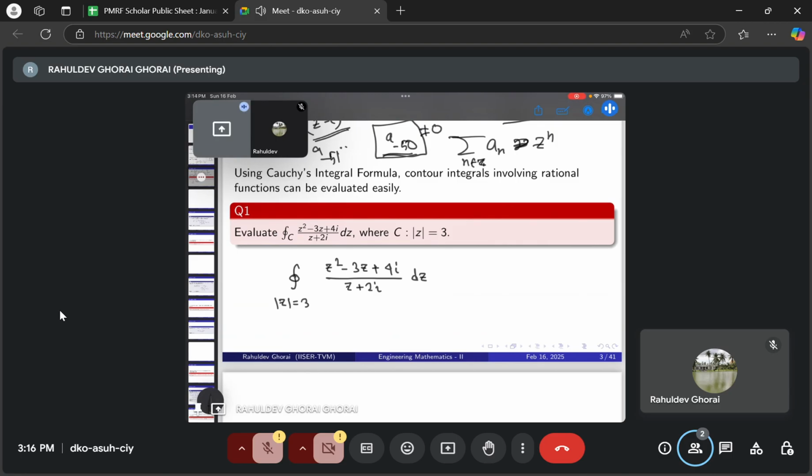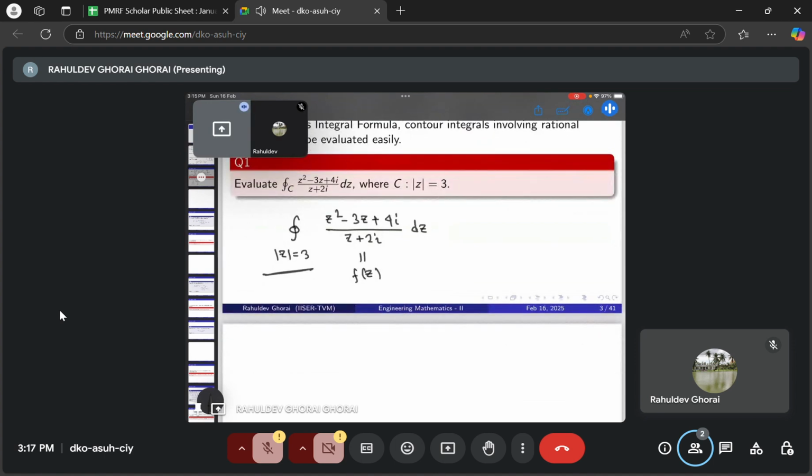Whenever you have all these things, you need to first find out what the singularities of the function f(z) are. If the singularities lie inside the domain, then only they will be counted. If there is no such singularity inside the domain, just write this integration as 0, right?